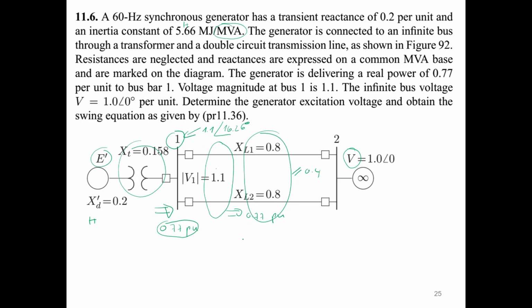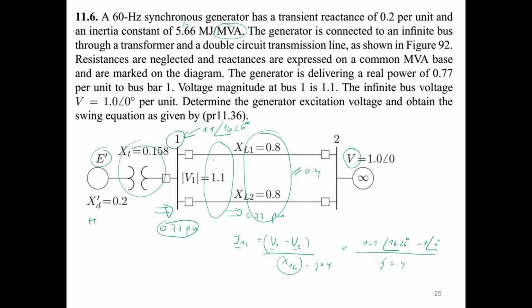The current flowing from 1 to 2 is just V1 minus V2 divided by X12. In this case, X12 would be your j0.4. V1 is 1.1 angle 16.26, minus 1 angle 0, divided by j0.4.